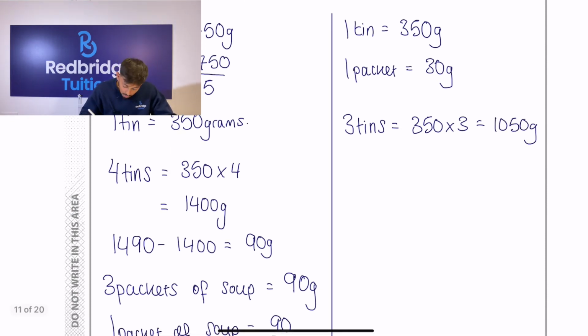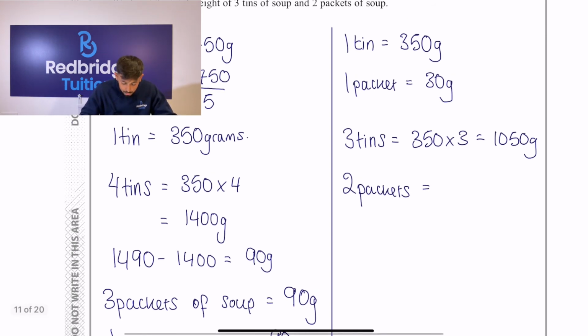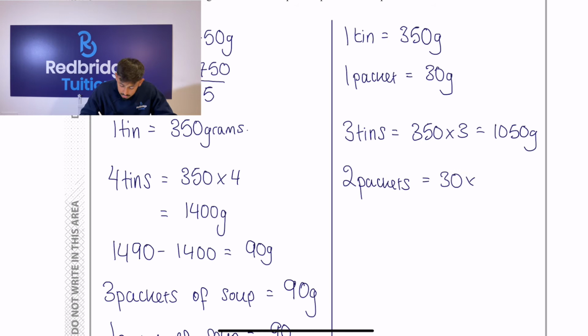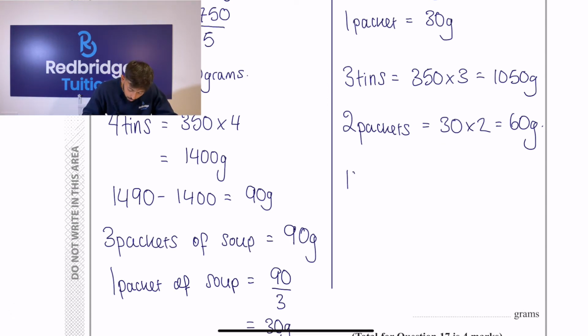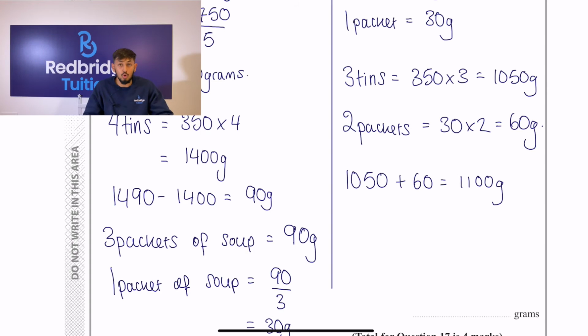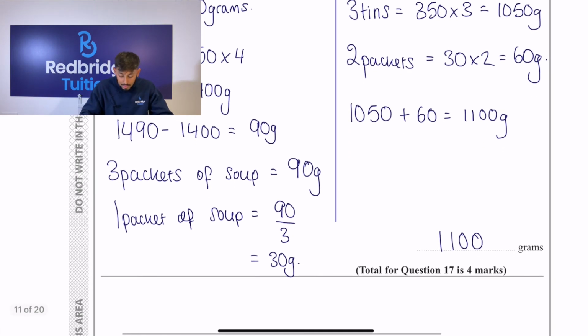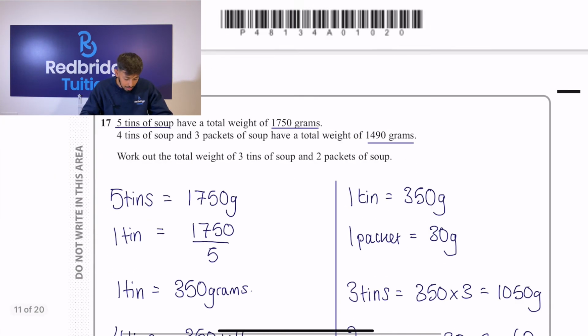And to work out 2 packets of soup, we would do 30 times 2, which is 60 grams. To complete this question, we add both of these values together. So we have 1,050 plus 60, which gives us a total weight of 1,100 grams. And that completes our question number 17.